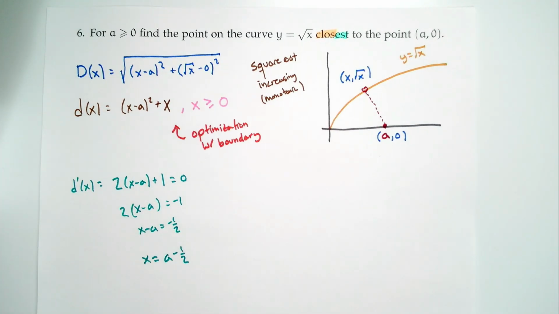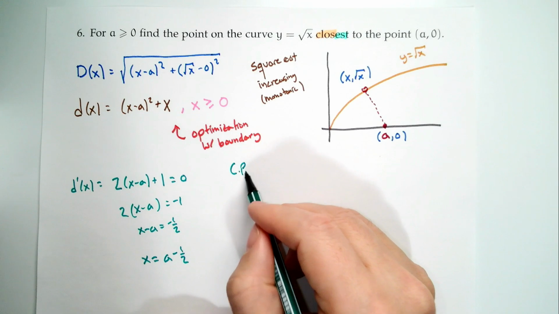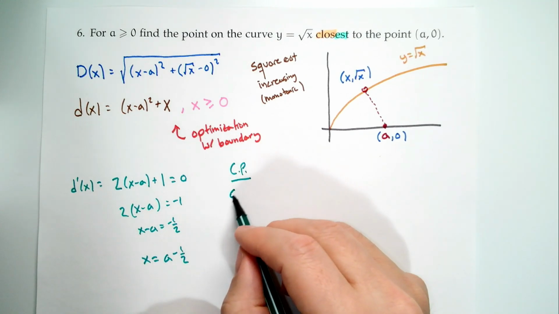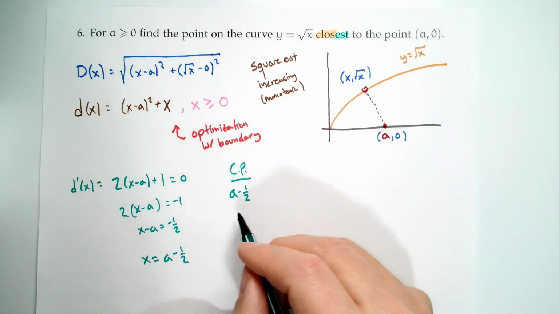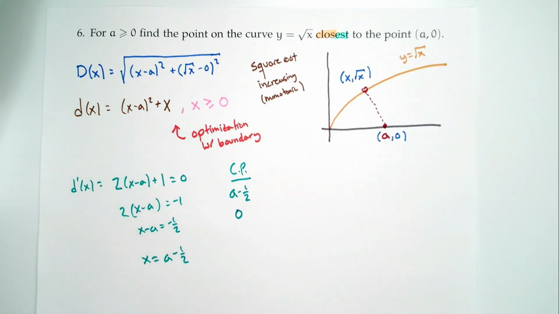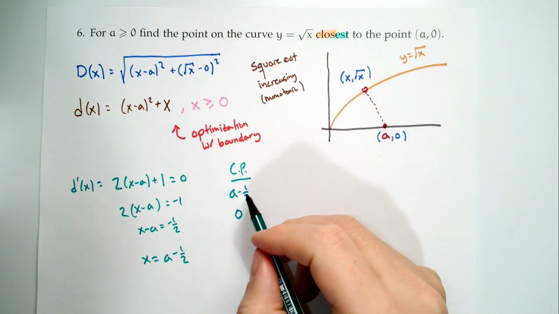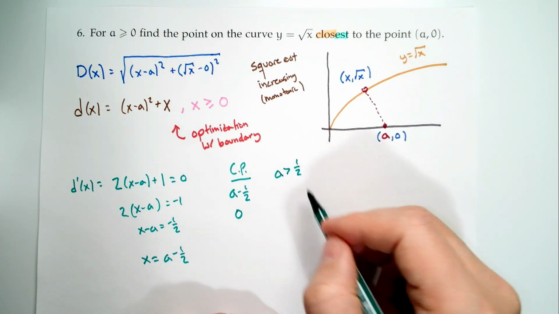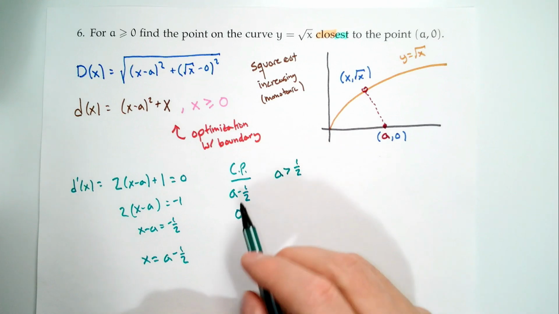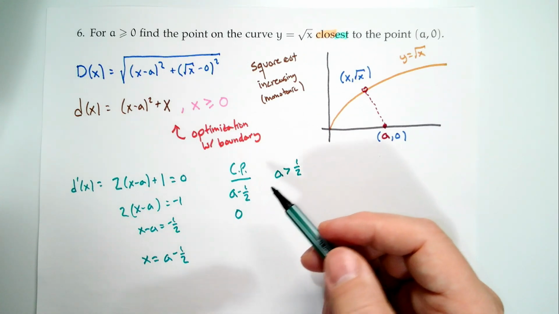All right, so now where are the critical points? So the critical points are where the derivative equals 0. Now the derivative is never undefined. And is there any other critical point? The boundary, 0. All right, so now we have to make a decision. Now you have to be really careful here because there's two things that could happen. So suppose a is bigger than a half. Well, that means that a minus a half is positive, right?